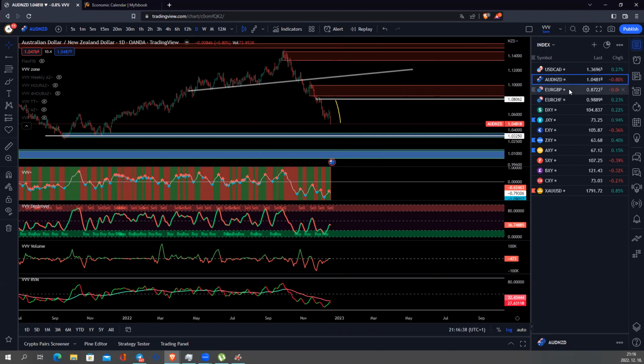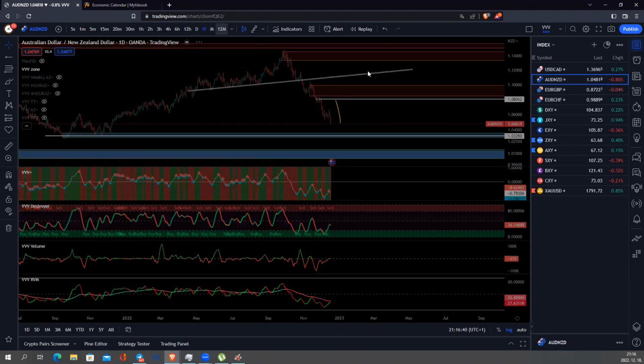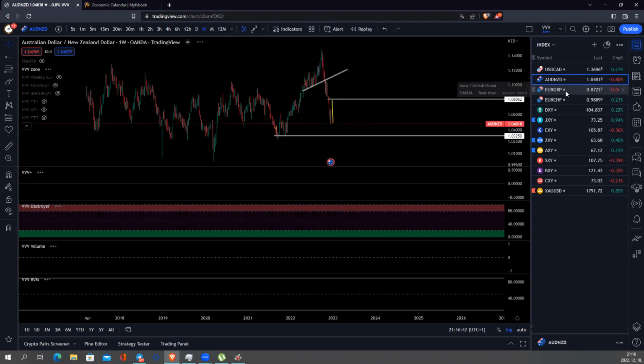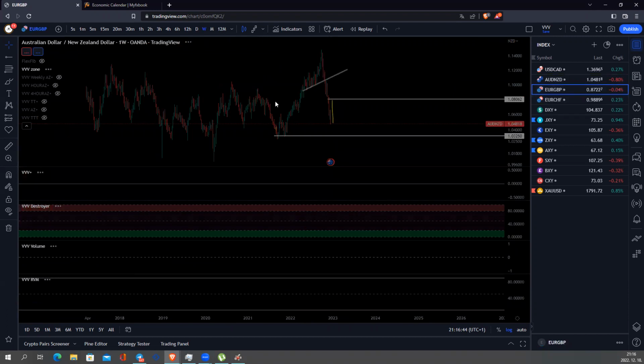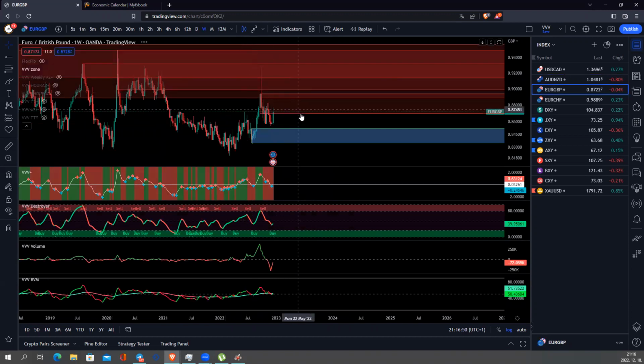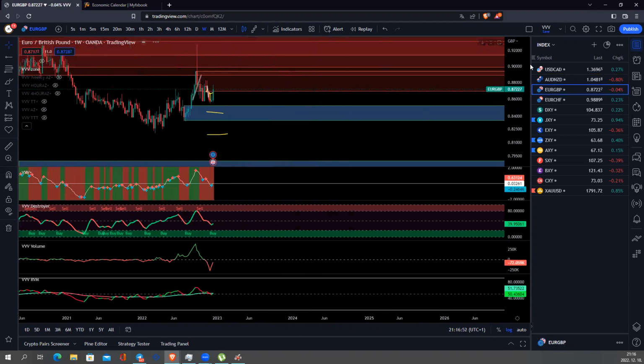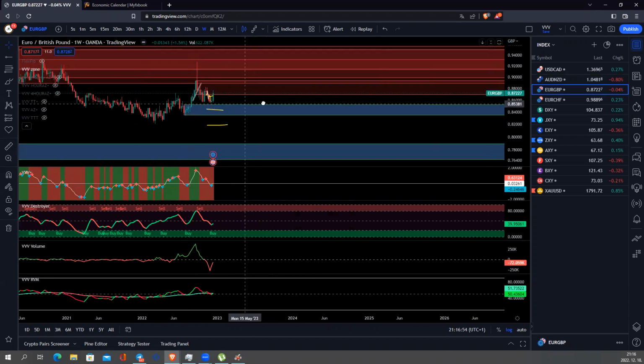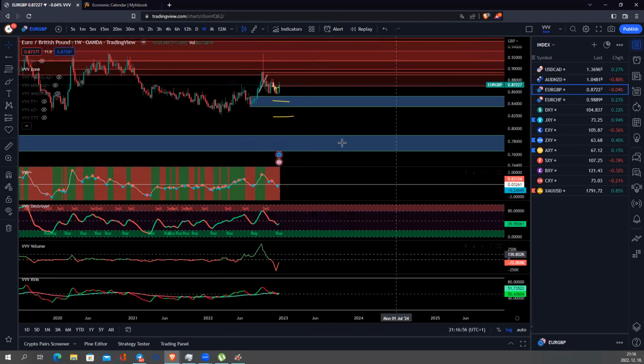So the next weekly, the Euro GBP. This is the Euro GBP. The momentum is changing, and we have a lot of bearish zones.